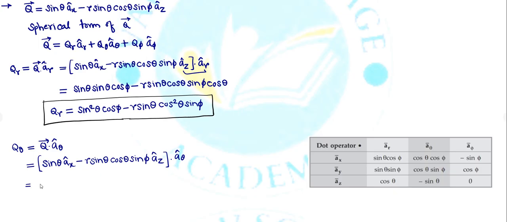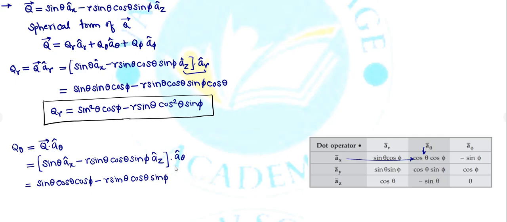Now go for that multiplication with the reference of the transformation table. We are going to write that sine theta as it is, and the dot product between a x and a theta. So we have that value to be cos theta cos phi. Minus, this will be as it is, r sine theta cos theta sine phi.